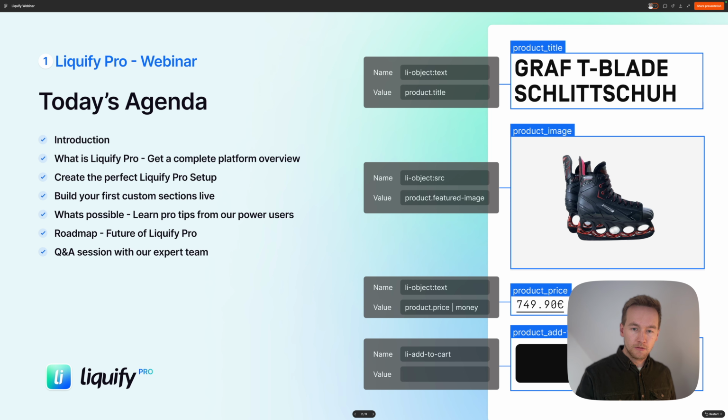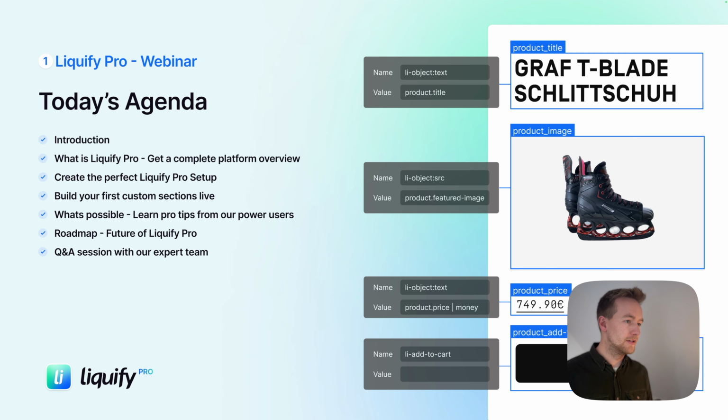I think we can start right into our agenda. And if you find any spelling issues or something, then just raise them. Today we want to look at a small introduction of our company and also Liquify, the direction where we came from and where we want to go. And then a complete overview about Liquify Pro itself, how the platform is working and who it is for.